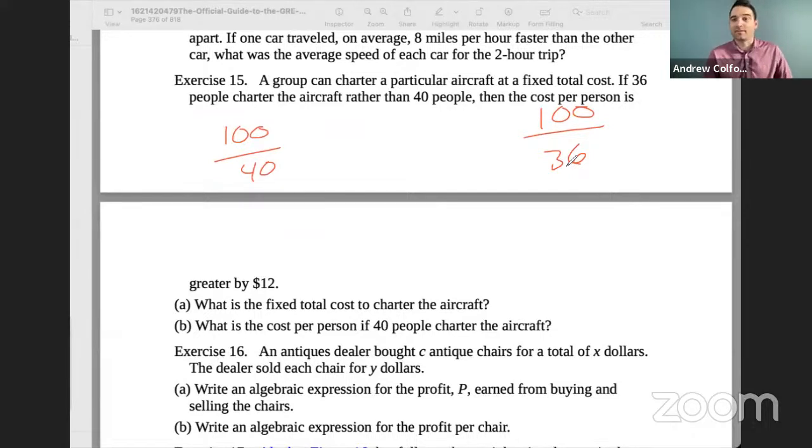Take a look at that in your calculator. 2.5 and 2.8. Now, we want this to be a difference of $12, and we're not anywhere near that, right?